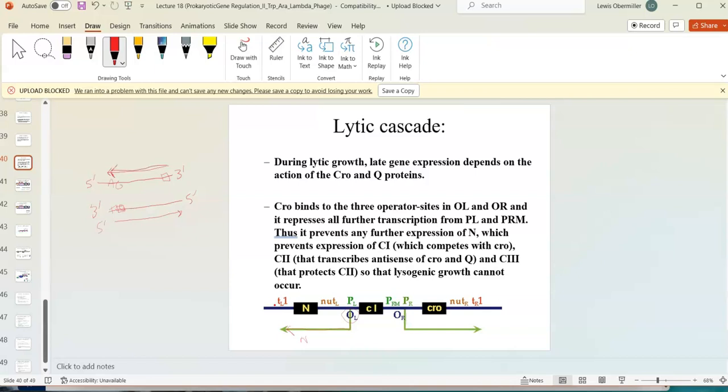And this one, this is an operator, and it's making this Cro product, and it can go in the opposite direction. So this is the lower strand. This is done a lot in viruses because they only have 40 to 50,000 nucleotides.